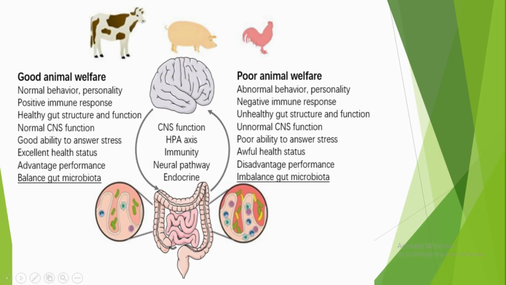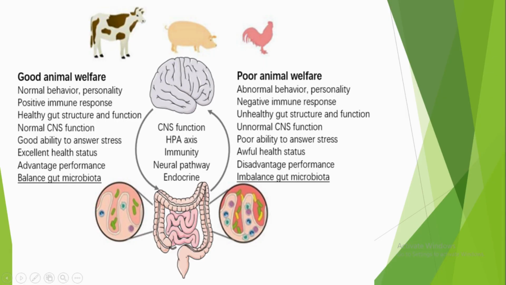So there are two types of welfare, good animal welfare and poor animal welfare. Good animal welfare means normal behavior and personality, a positive immune response, healthy gut structure and function, normal CNS functions, good ability to cope with stress, and an excellent health status that will advance performance and balance the gut microbiota.